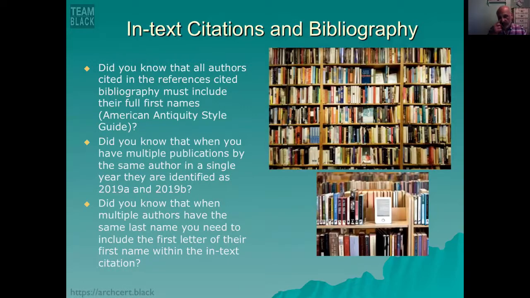Now, if you have multiple publications by the same author, you need to alphabetize those multiple dates that appear in the body of the report. So if something was published in 2019, and this author published multiple reports by him alone, he would have a 2019A and a 2019B. There would be no 2019 without a letter, because the letters represent the distinctive publications.